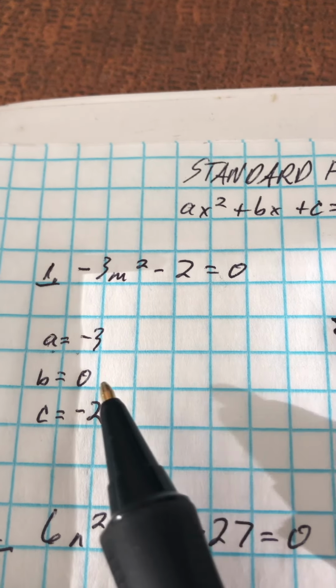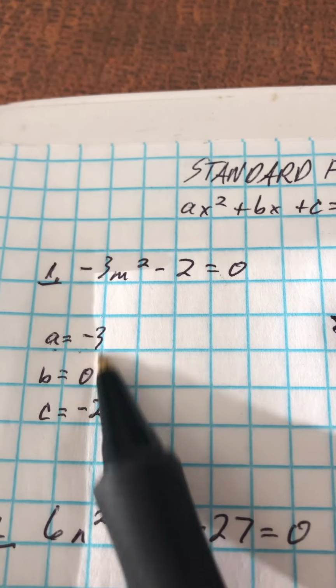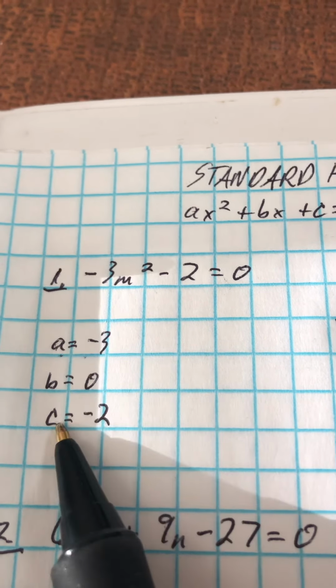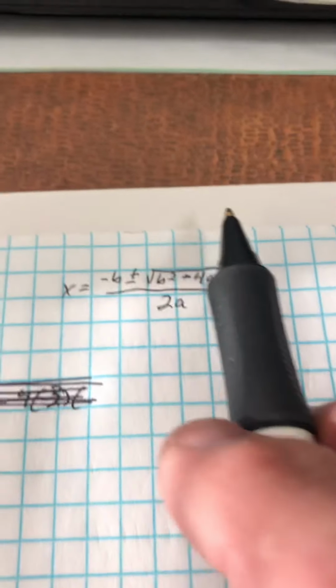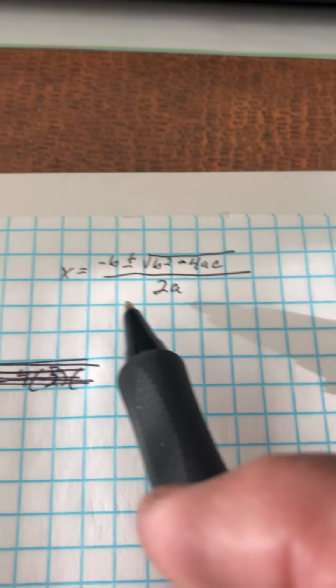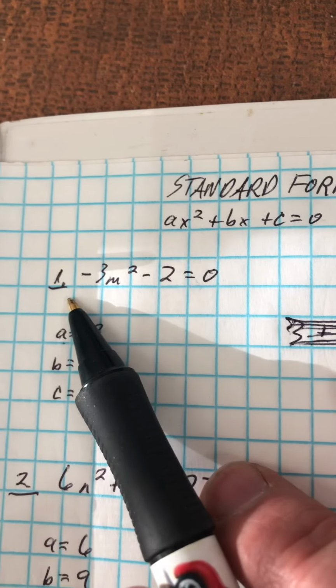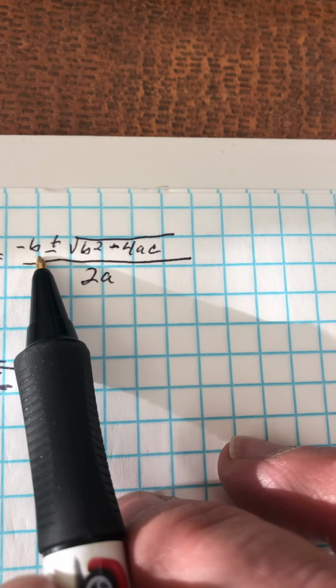Okay. Remember, we're just going to take these numbers and plug them in where we see these letters in the quadratic formula. I started to do some work here and I had the wrong numbers, but I wanted to show you this first one, how I'm going to set this up. So I have negative b.